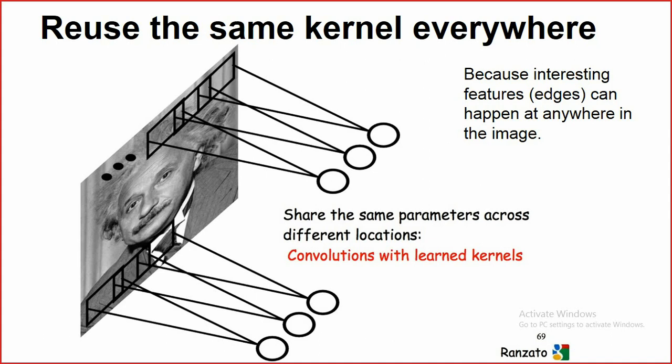And the type of operation in each of these small patches is performing some convolutions. So instead of multiplying the weights by this one, we perform some convolutions. As you remember from image processing, we can convolve a filter over an image in order to extract some specific type of features.